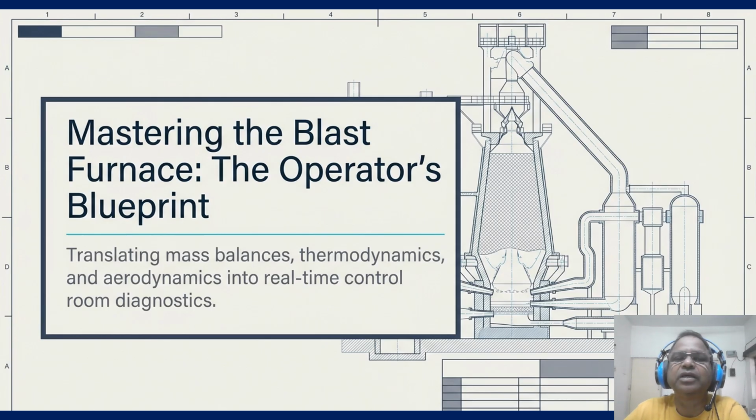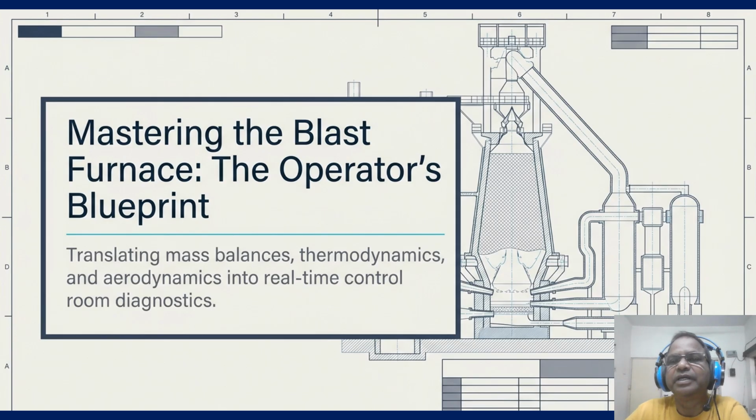On the screen, you will see a blueprint schematic, a wireframe of our vessel surrounded by a cooling and gas cleaning infrastructure. Here you notice the vertical axis cross section. This is where the physics of the burden meets the chemistry of the rising gases.